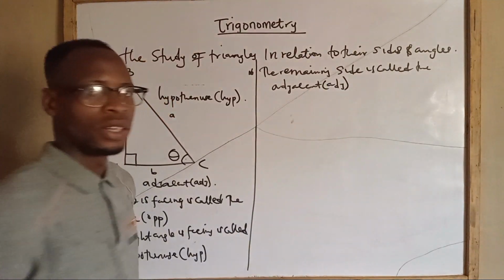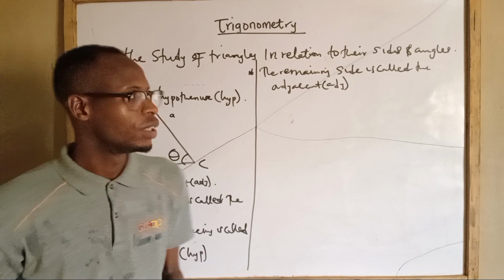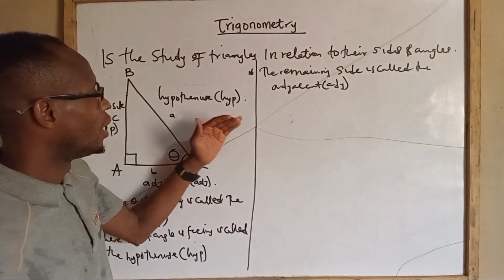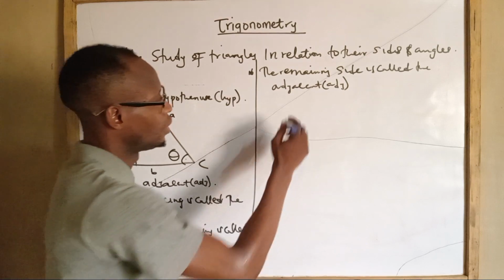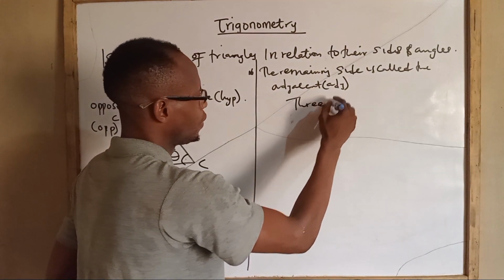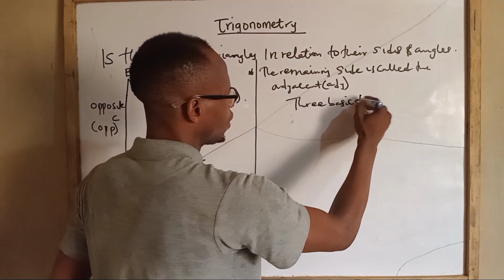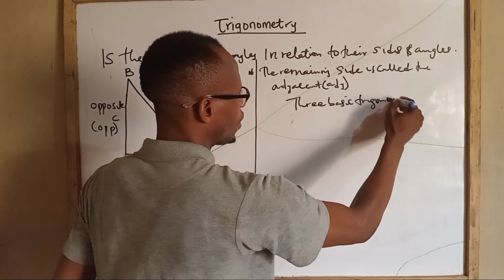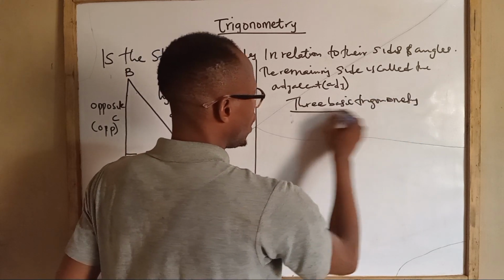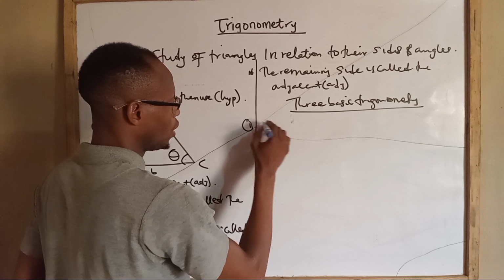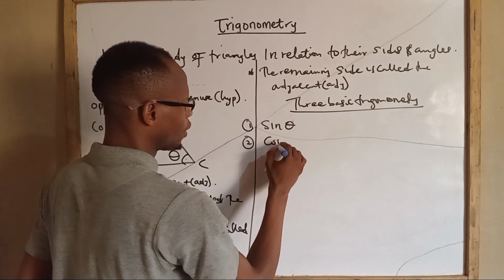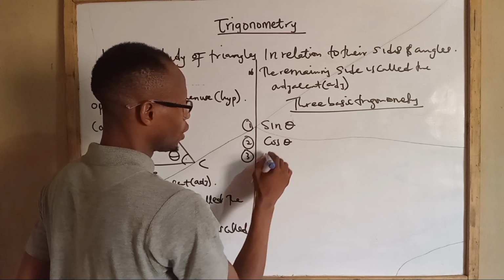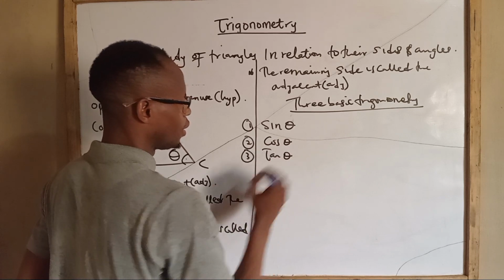Now the next thing we need to move into is the three basic trigonometric ratios that we need to understand here. The first one is referred to as sine theta, the second one is cos theta, and the last one is tan theta.